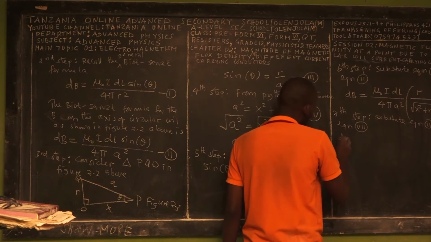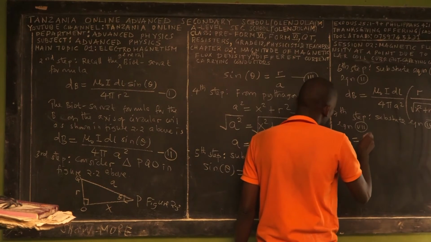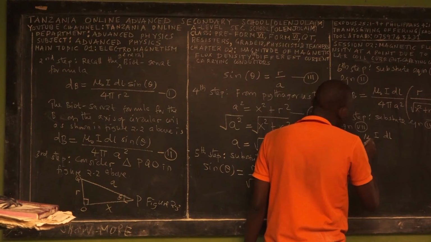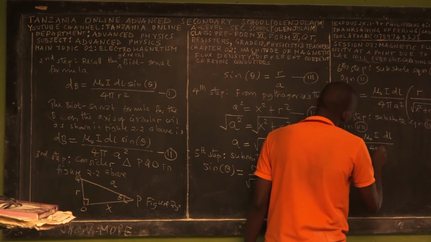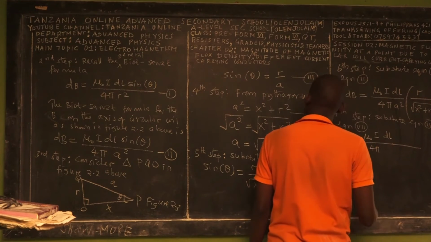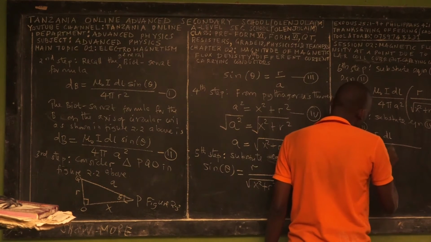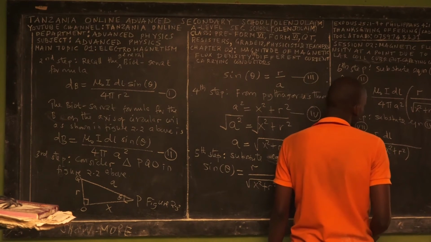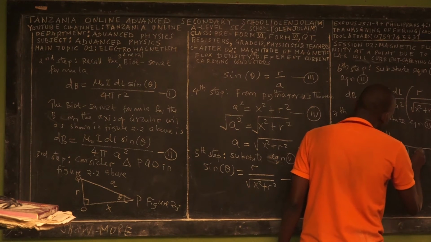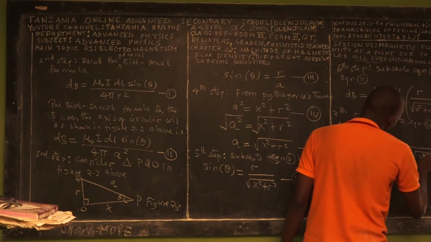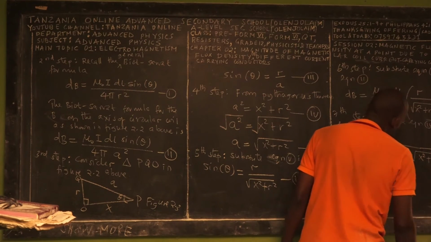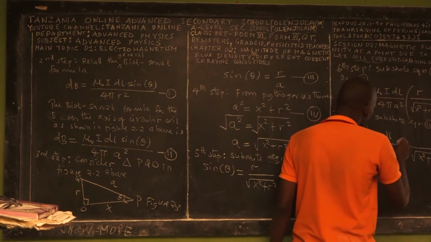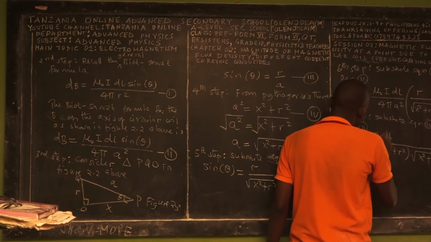So we have the small change in magnetic flux density equal to the permeability of free space, current times delta L, over 4 pi. What is A square? It is x square plus r square. Then in the denominator, we have the square root of x square plus r square, then in the numerator here, we have times r.